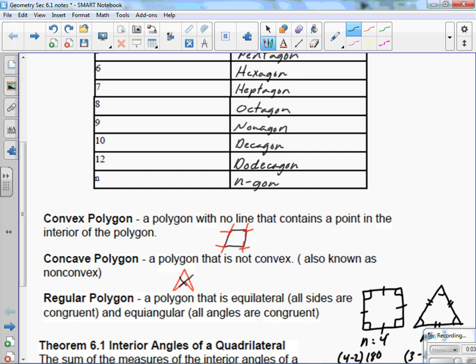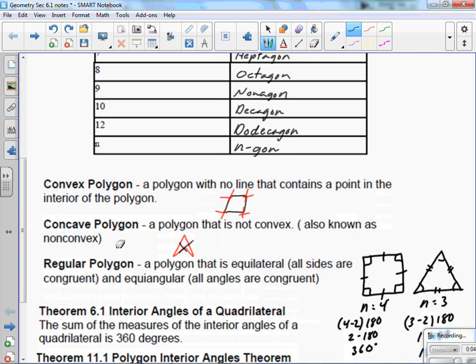Right? So if the extended sides all go on the outside, it's convex. If they go on the inside, it's concave. You can think of going inside of a cave, or think of things caving in, which means they fall into the inside.